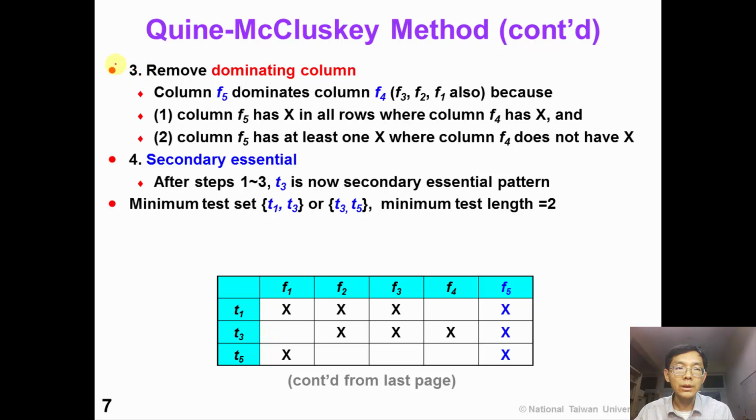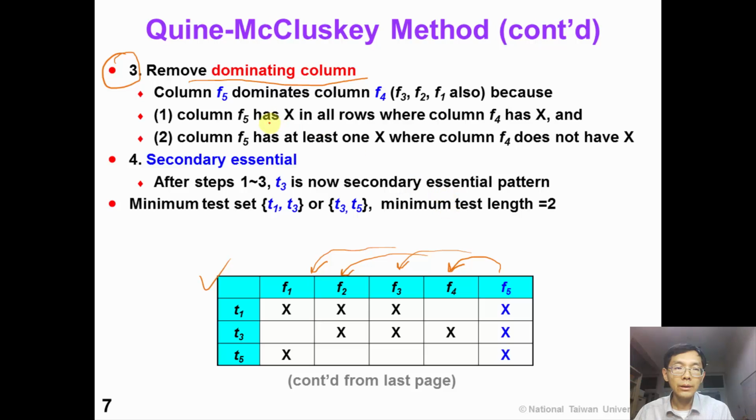Rule number 3. We can remove dominating columns. Continuing from the previous example, in this covering table, column F5 dominates column F4, and also F3, F2, and F1.